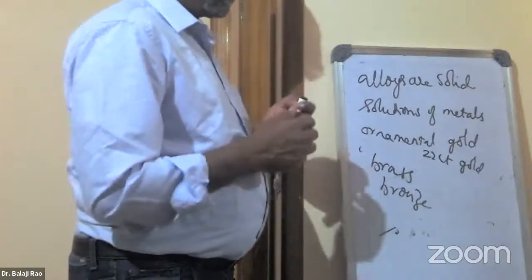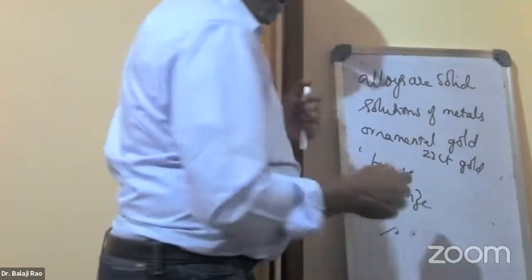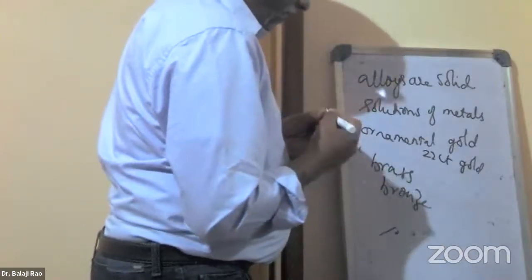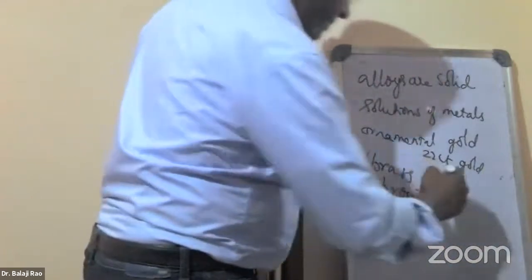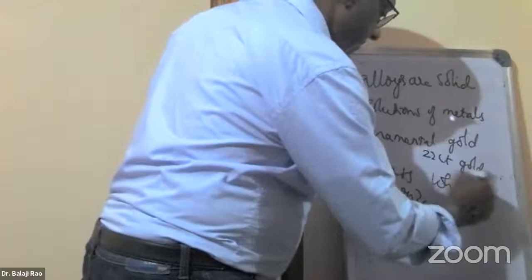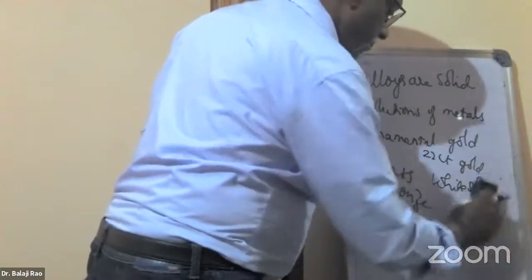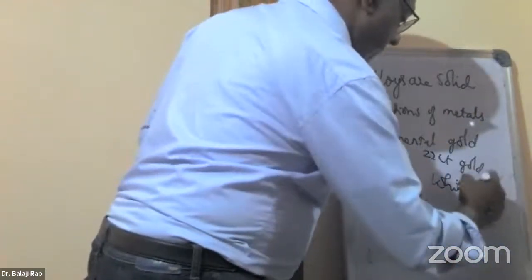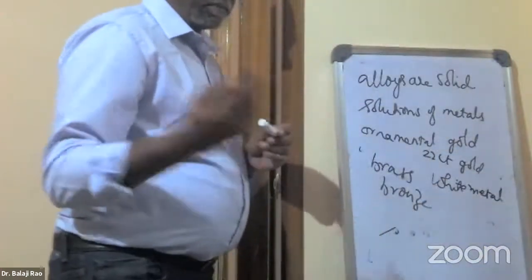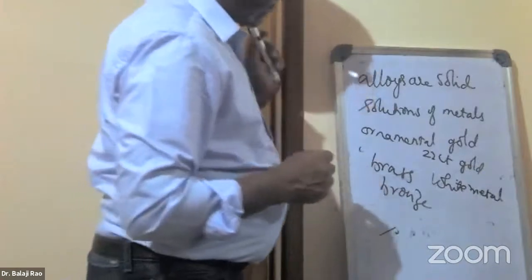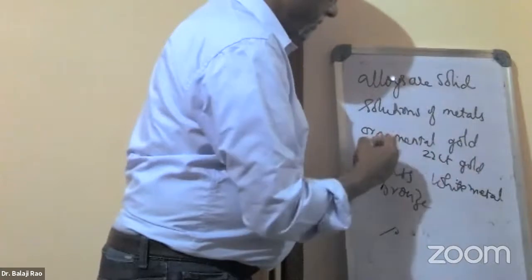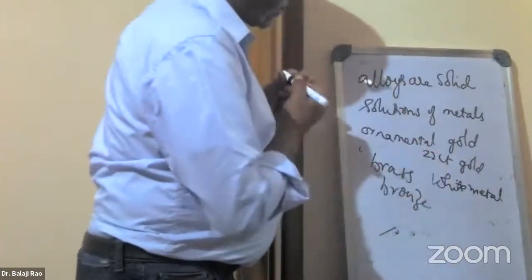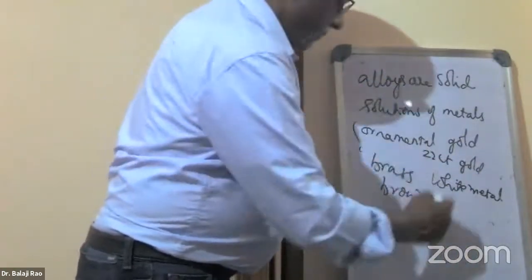They used to come out with one name for that. And we also have white metal. This is a very commonly used metal for small idols and whatnot. So what are alloys? Alloys are solid solutions of metals, for example, ornamental gold, and so on and so forth.